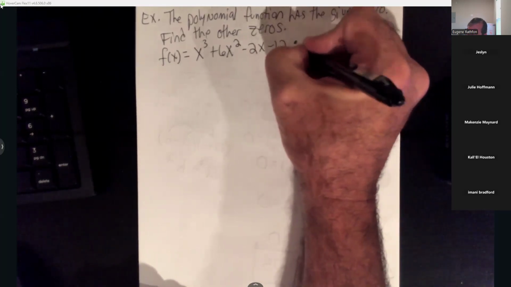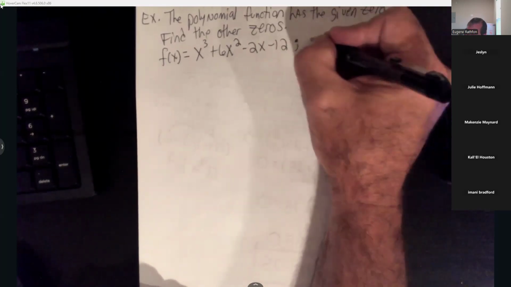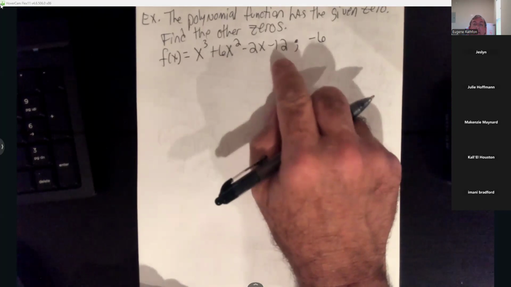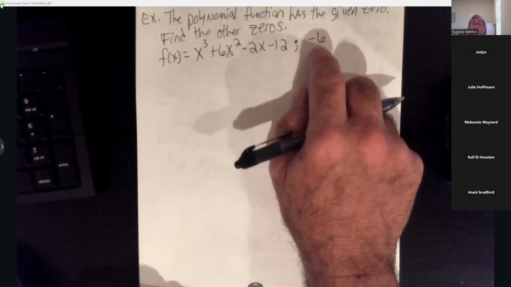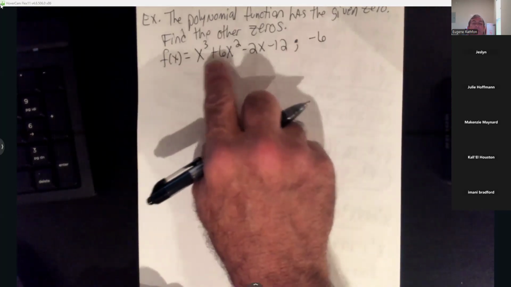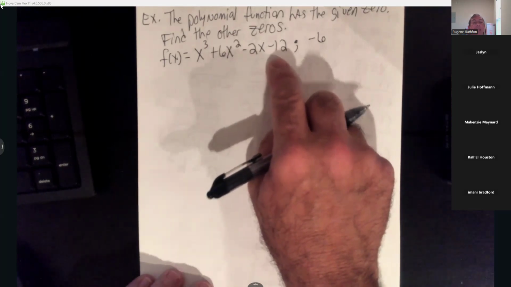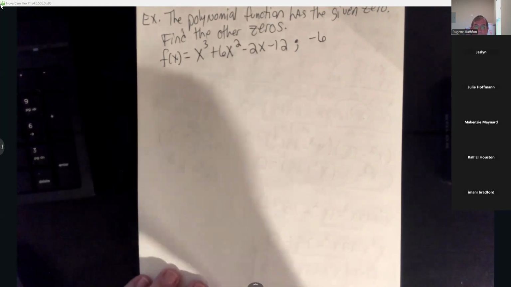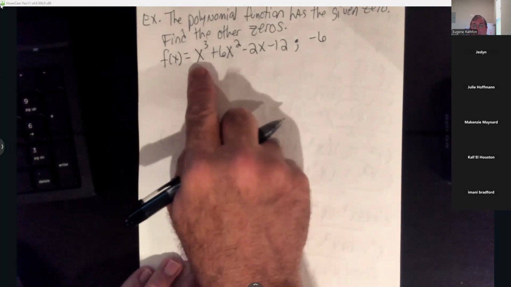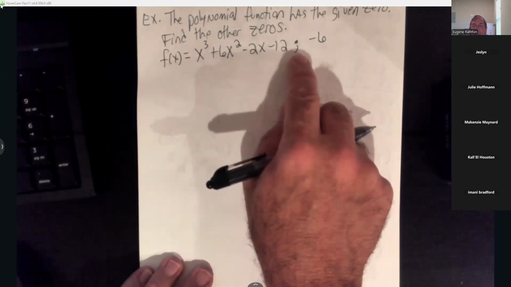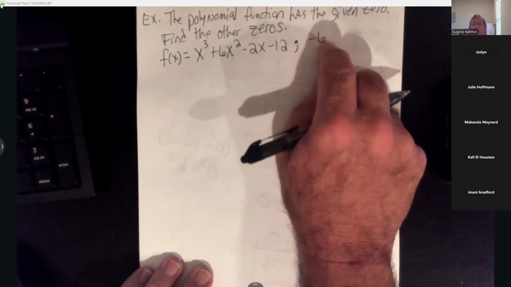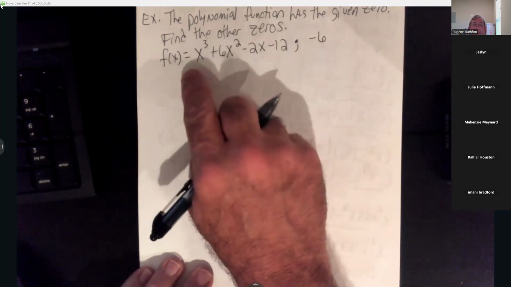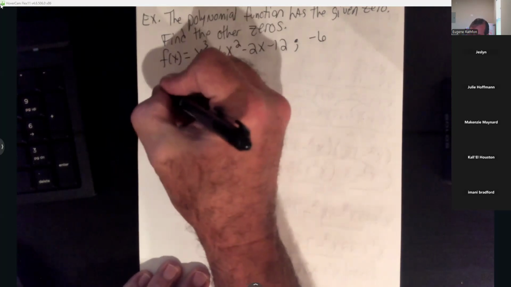And then they got a semicolon and -6. So that means -6 is the zero they're giving me of this polynomial, and they want me to find the other zeros. So here's what we do. We're going to do synthetic division, and we're sort of going to divide this one out, okay? So let's put our first.